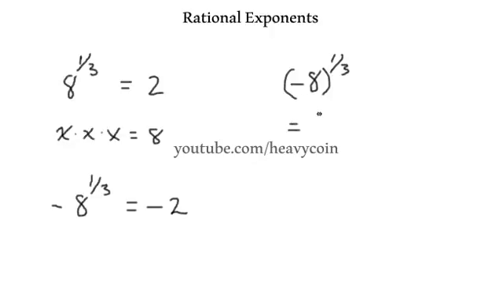So we're looking for a number that we can multiply together 3 times, and this time gives us negative 8. Well, if I were to throw a negative out front of all of this and said 2 times 2 times 2, that would be negative 8, right? That would be negative 8.